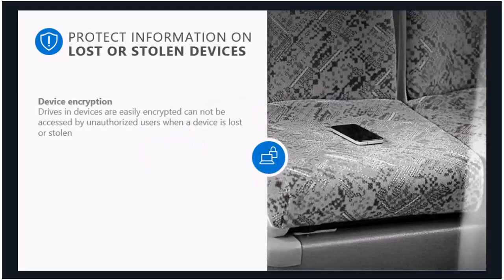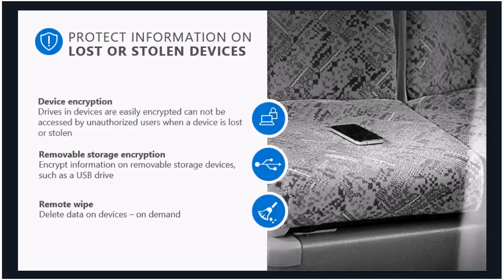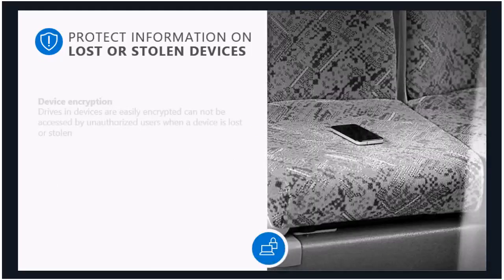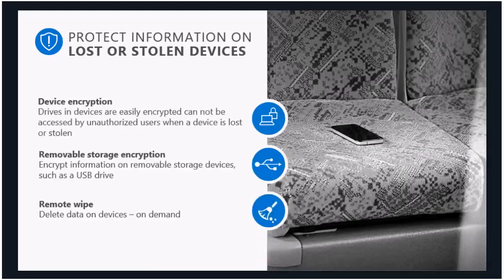So let's have a very quick look at device level content protection. There are some of the protection actions you can apply at a device level. We offer you mobile device management and mobile application management. You can apply MDM policies through Intune, and that allows you to protect content at a device level.